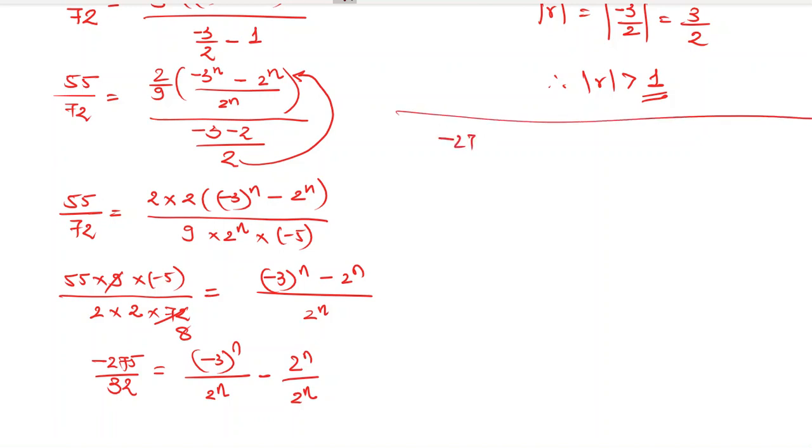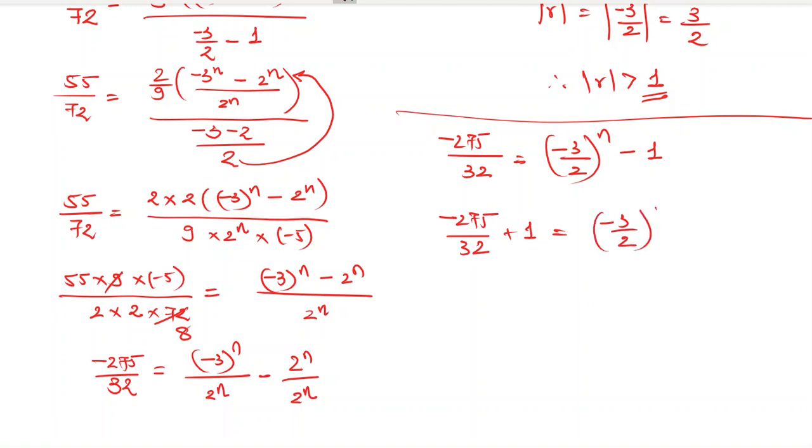So minus 275 upon 32 is equal to minus 3 by 2 the whole raised to n minus 1. Let's take minus 1 to the other side. Minus 275 upon 32 plus 1 is equal to minus 3 by 2 the whole raised to n. So minus 275 plus 32 upon 32 is equal to minus 3 by 2 the whole raised to n.